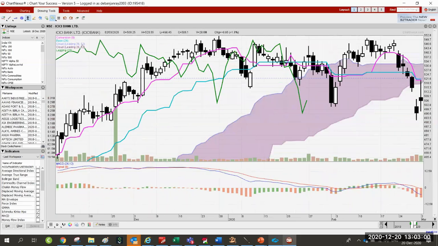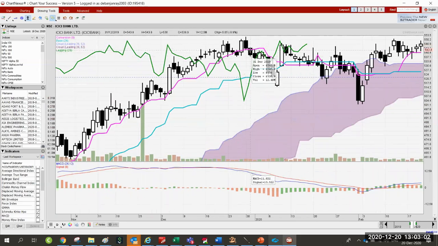The first selling signal comes because the price has fallen below the T line on 31st of December. Whoever is very aggressive in the market will immediately sell on 31st December 2019. For the investors, the crossover point is actually the exit point, that means they will exit the stock on 10th of January. They will not wait for this one.